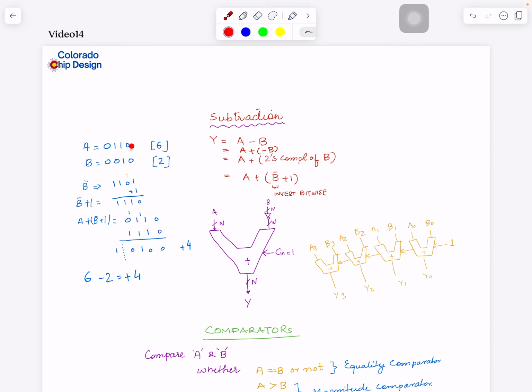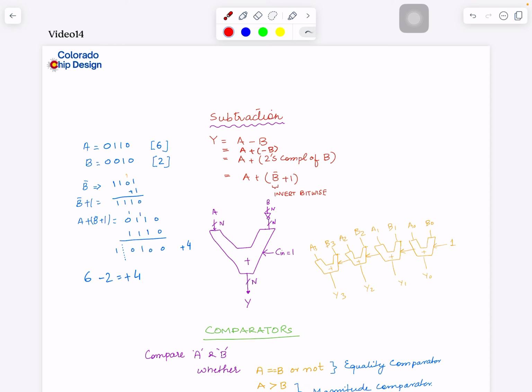But then you need to think of how you are going to implement this in digital hardware. Our best friend, the adder, as I previously said, comes to our help. So again, the same 4-bit example. We have two numbers, a0, a1, a2, a3, and then b0, b1, b2, b3.